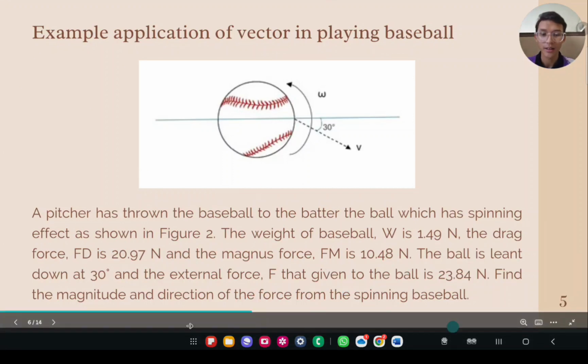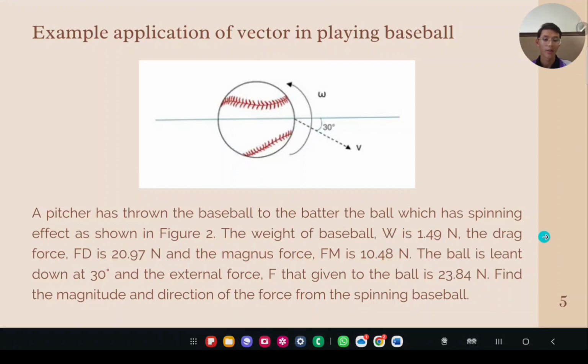Basically in this question, we are given W, the weight of the baseball, the drag force, the Magnus force, how many degrees the ball is landed down, and the external force.